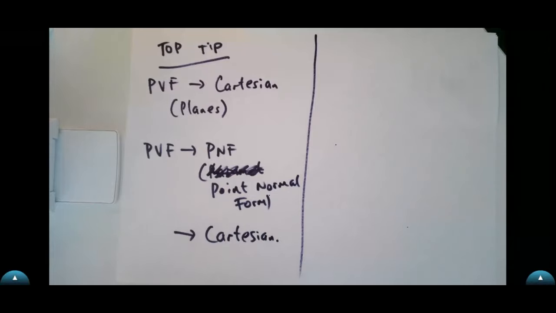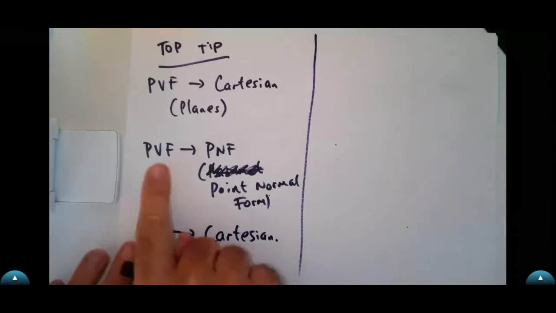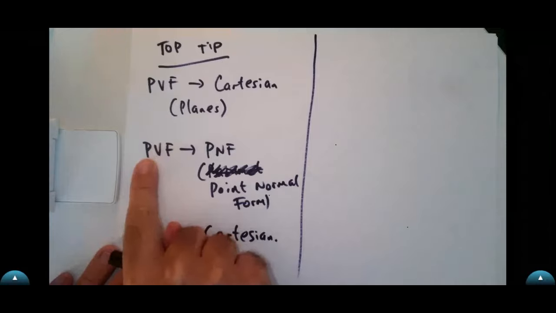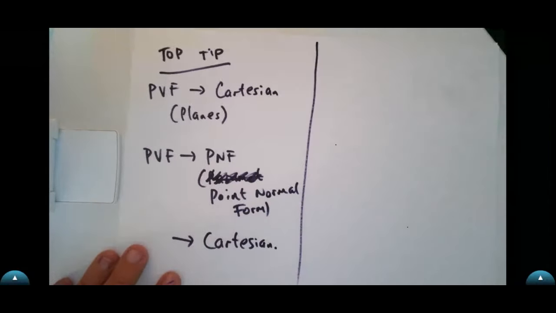I'm not sure if you've seen point normal form yet. I've lectured this course many times, but I'm not sure where you are in the lectures. There is a quick way to go from parametric vector form to point normal form and then to Cartesian.